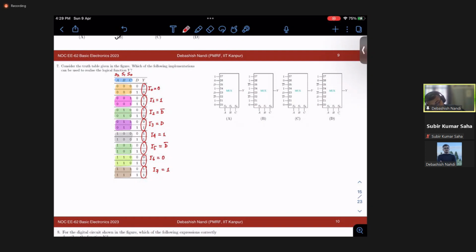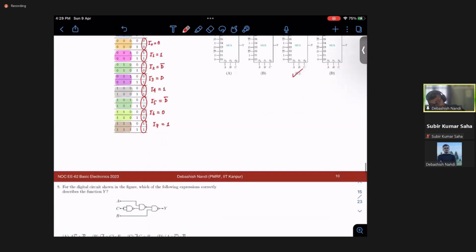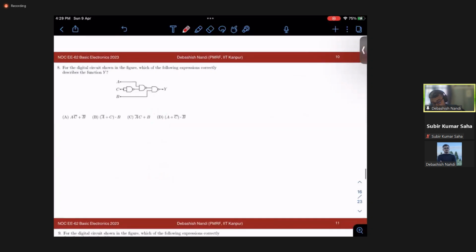So this one seems right, right? So your C is the right option. Okay. So for question number 7, the right answer is C. So let's move on to the next problem. Problem number 8.